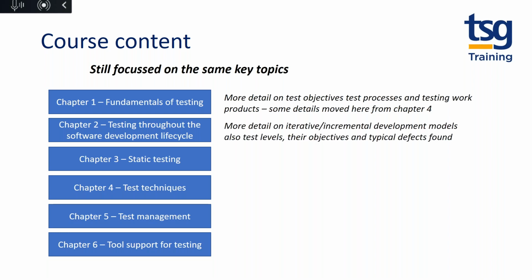Also more detail in chapter 2 on testing in the software development lifecycle. Although we've dropped the time here, we've changed the content to reflect more of the real projects that people are working on now. You've got to remember that the 2011 foundation is ultimately based on the original 1998 BCS ISEB foundation, and over the years it's not really kept up with what people are doing on the day job.